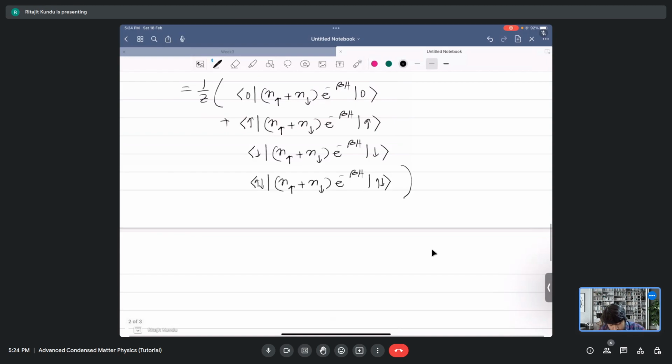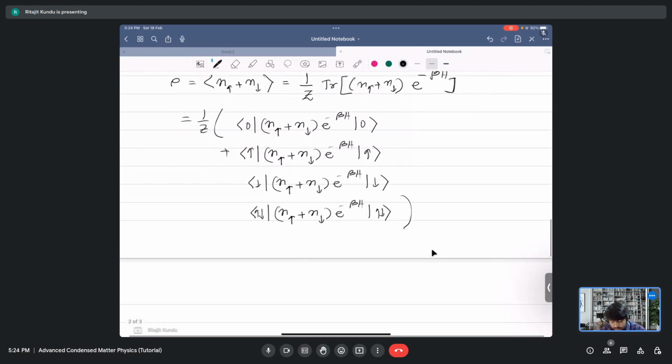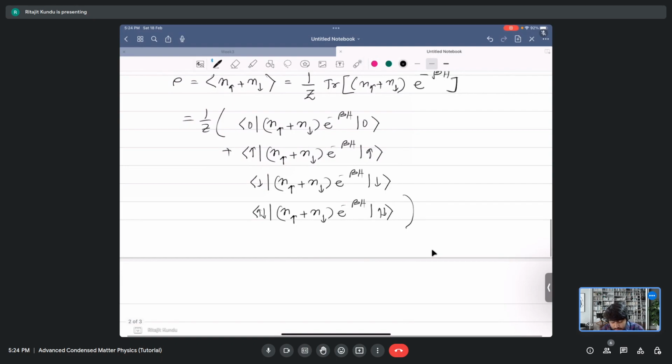So calculating this kind of expectations is very easy. Why is that? Because this n up calculates how many up spins there are, and n down calculates how many down spins there are, right?